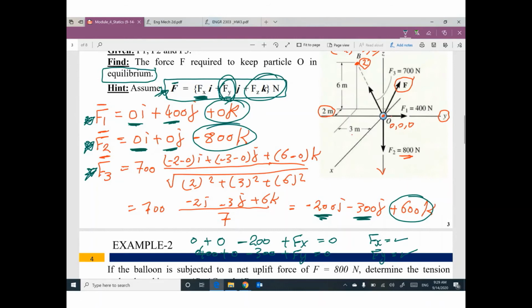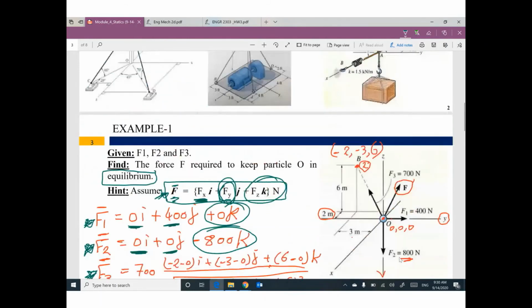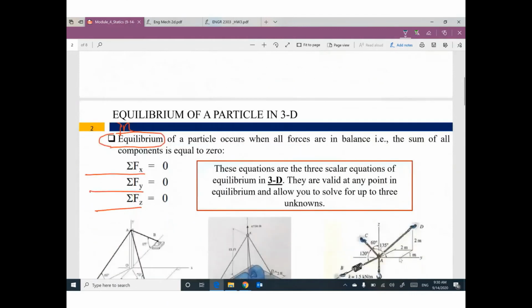Once you get Fx, Fy, and Fz for force F, I can get the value of F and the angles alpha, beta, gamma. So the only thing new today: if the forces in 3D are in equilibrium, that means the summation of all x components equals 0, the summation of all y components equals 0, and the summation of all z components equals 0.